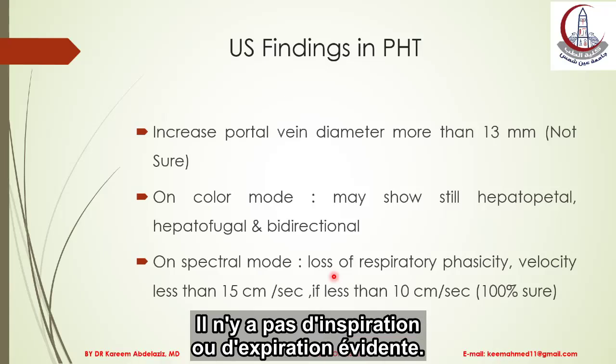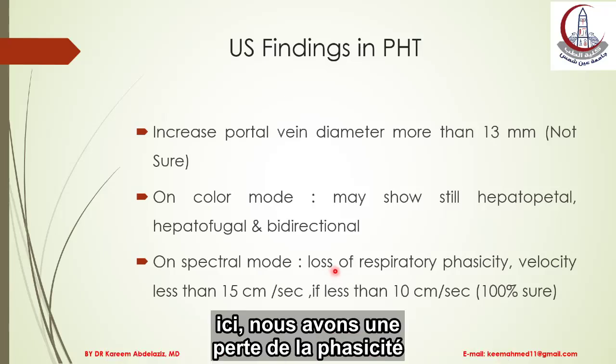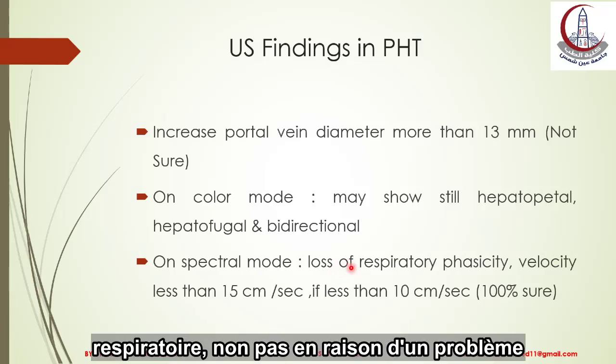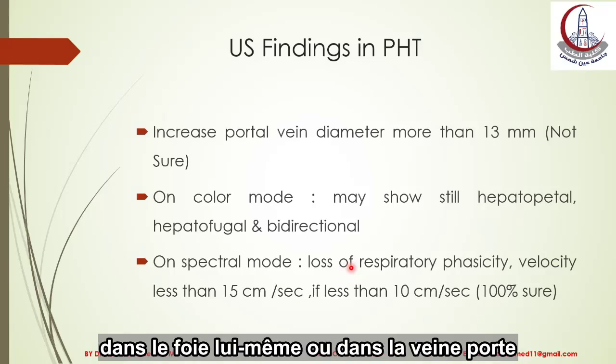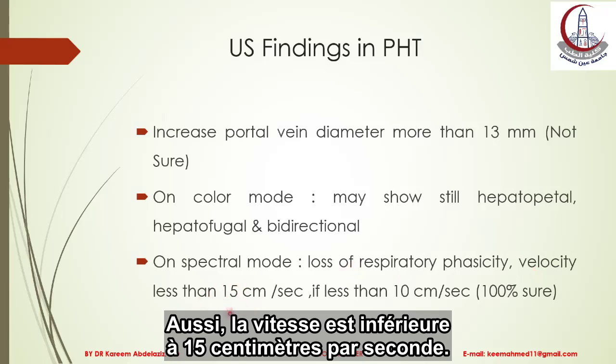There is no evident inspiration or expiration. So the loss of respiratory phasicity you see here on the portal vein is not due to a problem in the liver itself or the portal vein itself, but due to a problem in his chest.